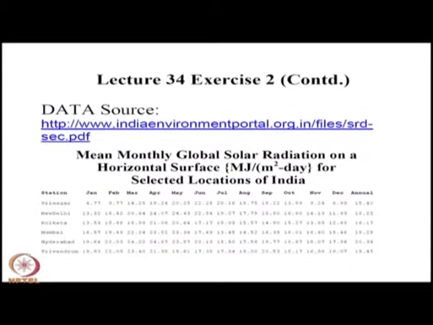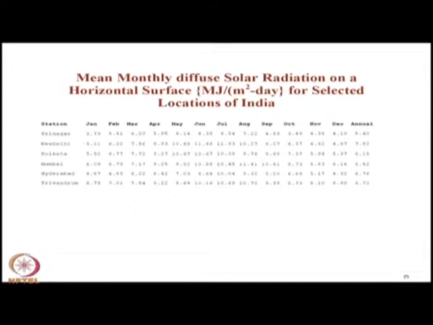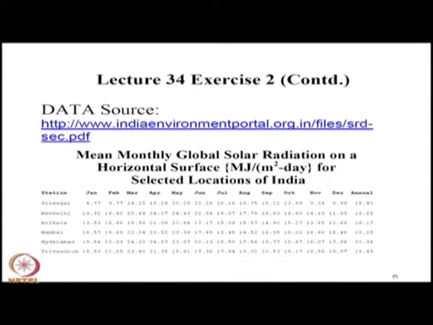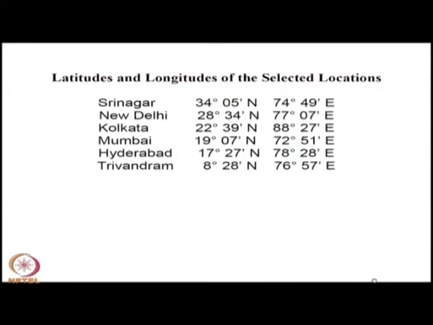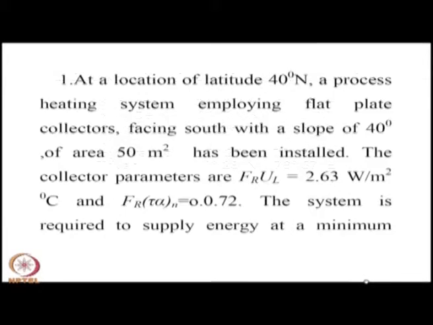We shall continue with the problems involving the phi bar F chart method, which we will call exercise 2 continued. I have already described the data source taken from the particular website, and for 6 important locations I have given the data: Srinagar, New Delhi, Kolkata, Mumbai, Hyderabad and Trivandrum.